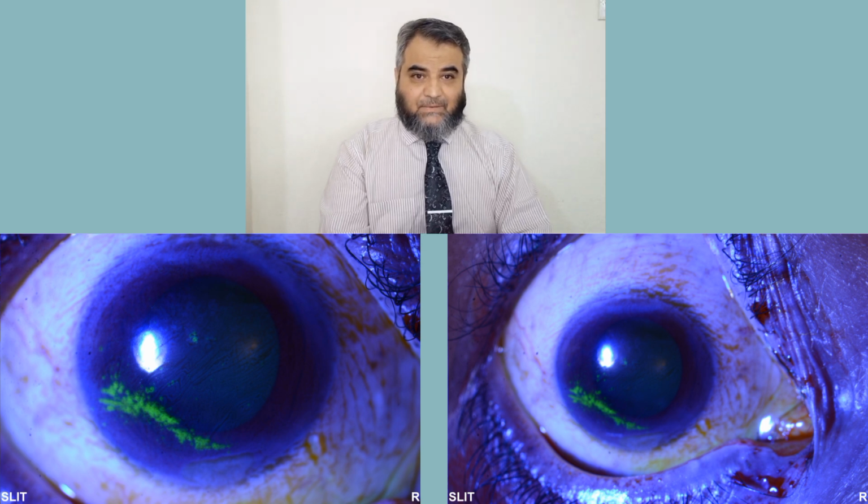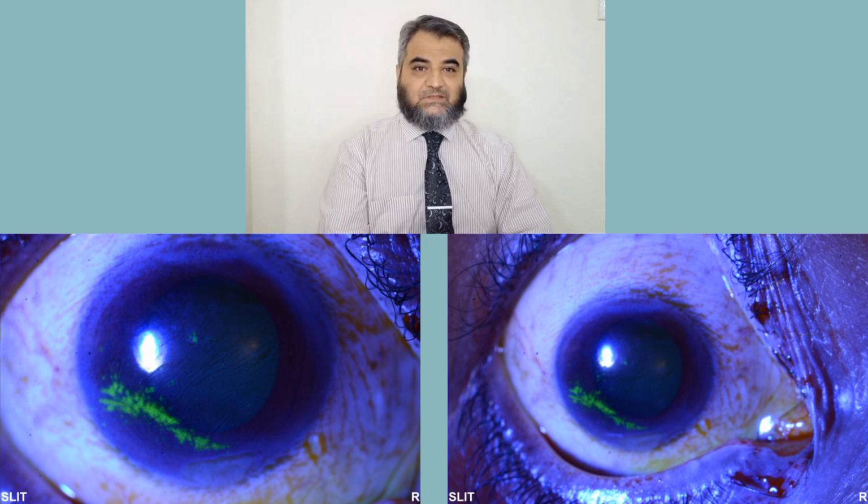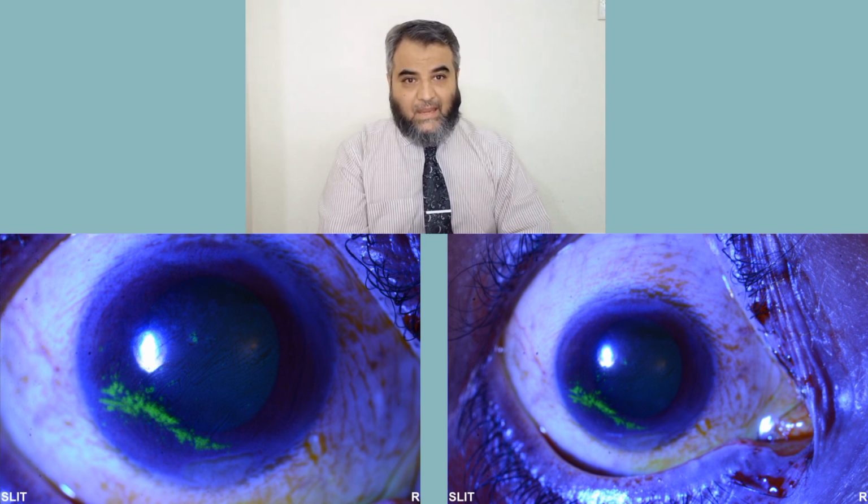In these green dots there is no corneal epithelium. The epithelium is damaged, and these spaces pick up the dye, and when the blue light is shone it shows green. So it becomes very easy for the ophthalmologist to accurately localize which areas are damaged.